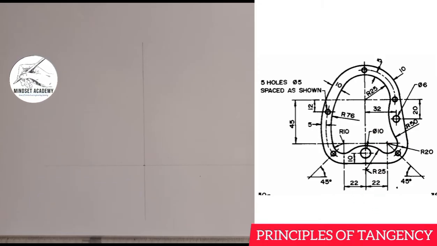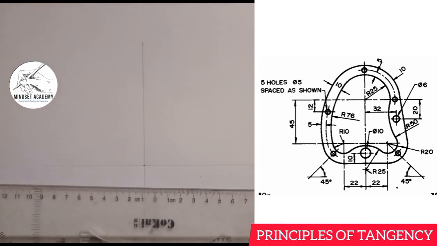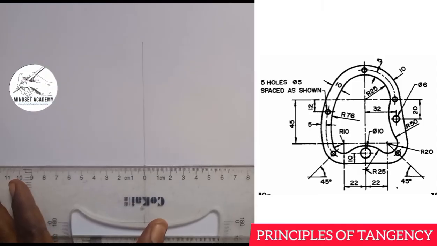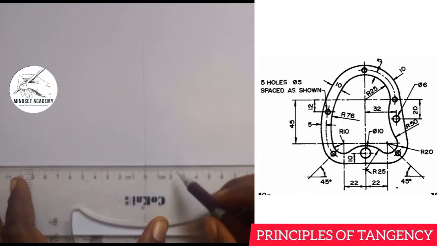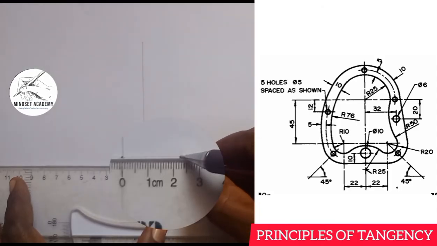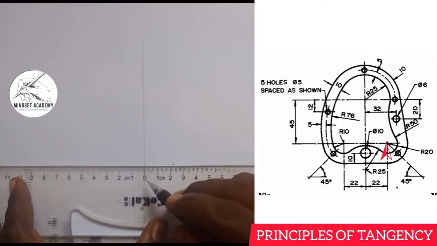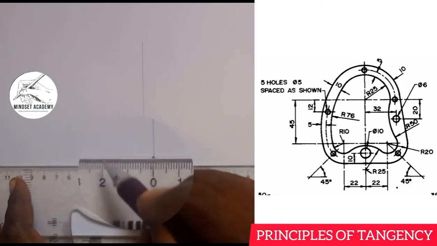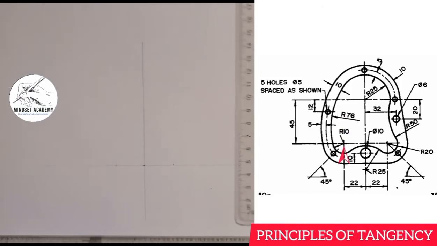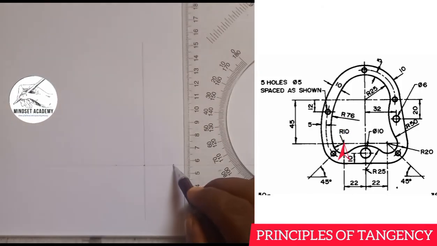So I'm going to measure 22 millimeter apart, as you can see from the diagram: 10, 20, 22. That point you see there is the center of a circle.